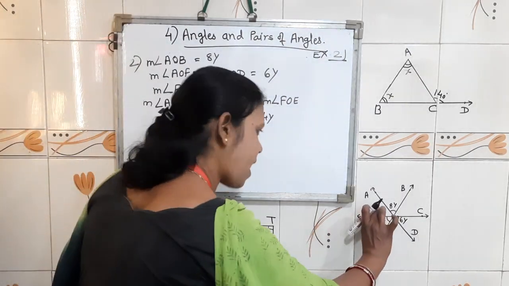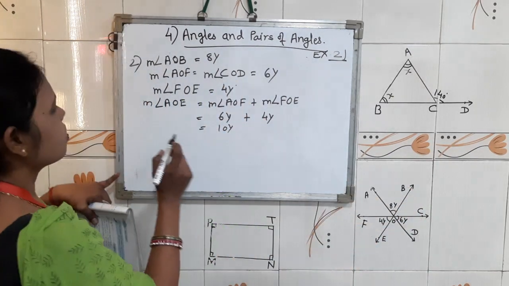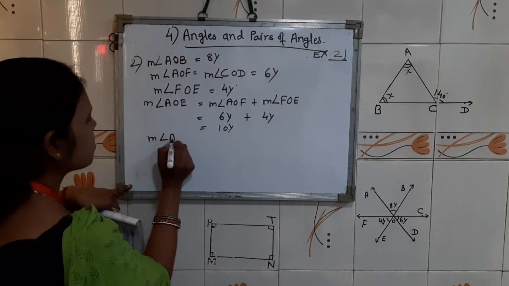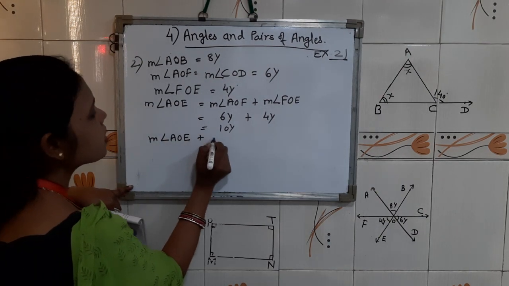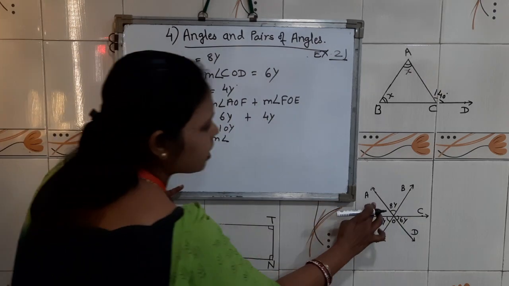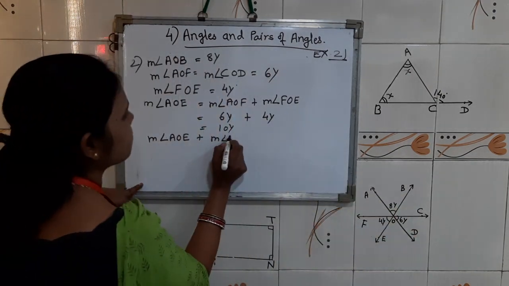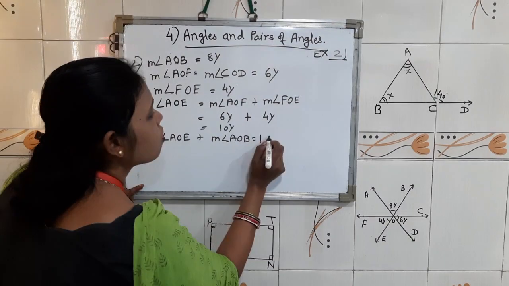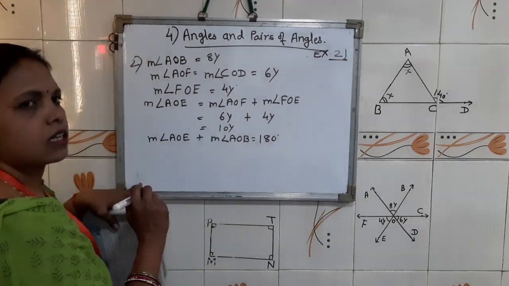Now this 10y plus 8y. Therefore write down measurement of angle AOE plus measurement of angle AOB equal to 180.